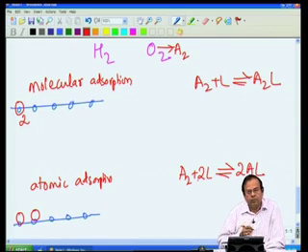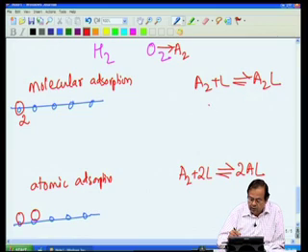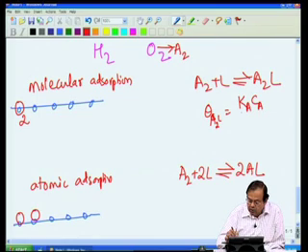I mean, it can be nitrogen, it can be hydrogen, or it can even be other diatomic gases. So, now here you will get the same as before, theta A, that is my fractional adsorption. For theta A2L here, it will be Ka Ca by 1 plus Ka Ca.